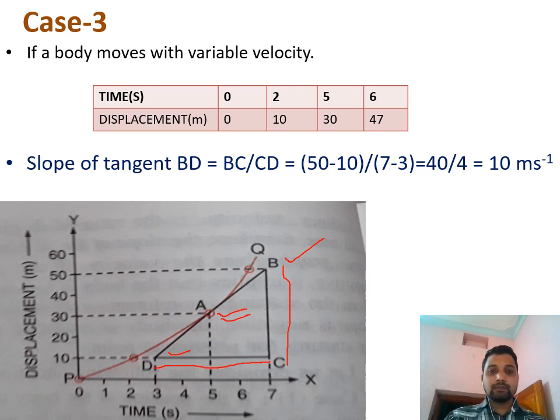Change in y-axis we got at B point 50 and at C point 10, and for the x-axis change, at C point 7 and at D point 3. So 50 minus 10 by 7 minus 3, which is 40 by 4 or 10 meter per second, as the slope of this tangent. It means for variable data or variable velocity, we have to take the help of tangent.